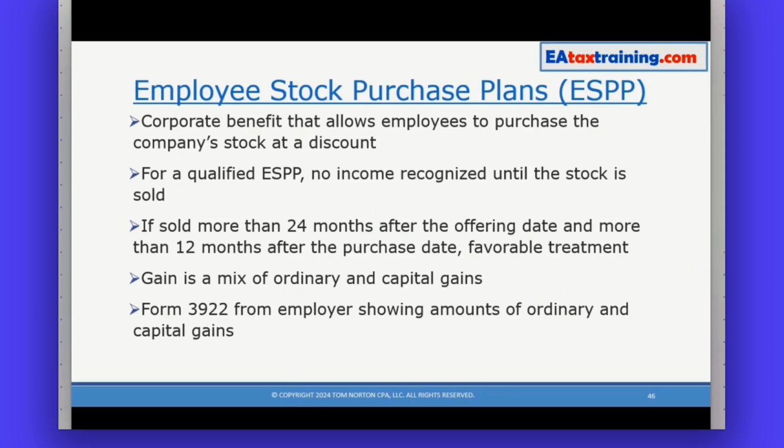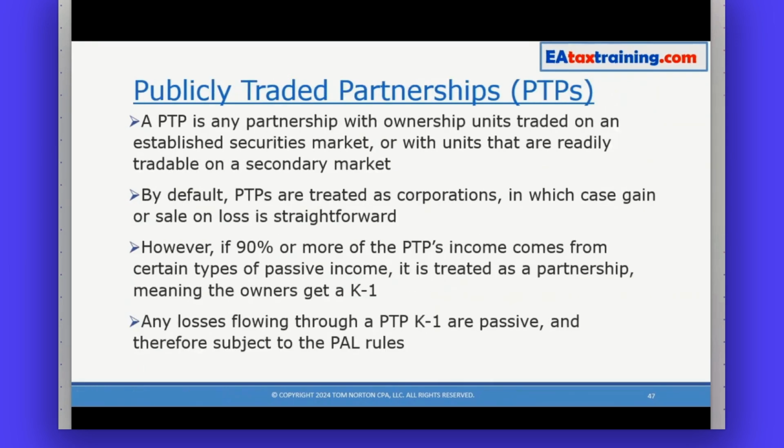And that favorable treatment is that the gain is considered a mix of ordinary gain and capital gain. And you will get a form from your employer, a Form 3922, that shows the amount that is ordinary and the amount that is capital. So just remember for the exam, employee stock purchase plan, as long as you meet these requirements, the 24-month, 12-month requirement, then you will get a favorable rate, which is a mix of ordinary and capital.